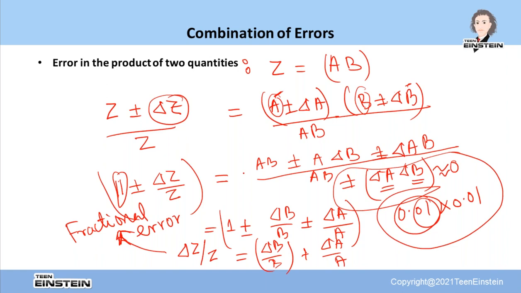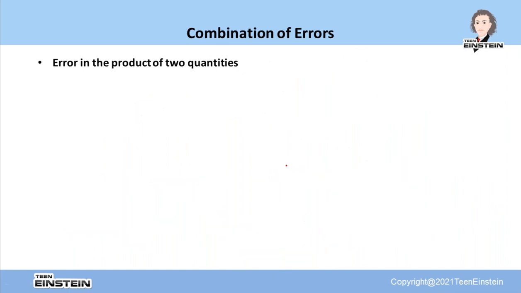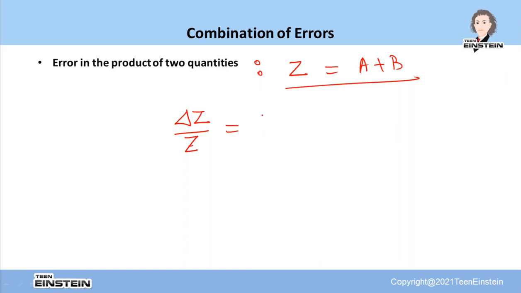So what we get, and here there was plus or minus, but I am not taking the minus. Why? Because I have to maximize the error. I'll clean everything and write. In case of product I have z, z means a times b. When I am doing measurement, I have to write the error delta z by z. This is called fractional error.